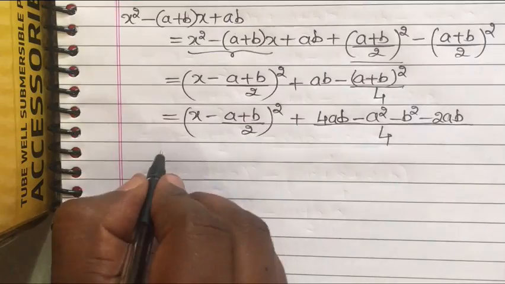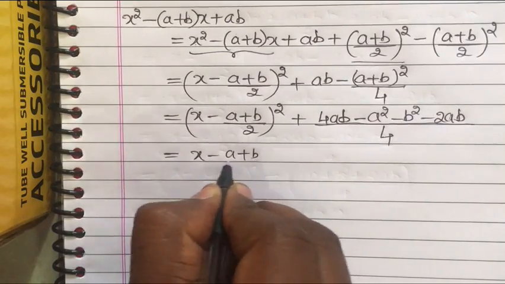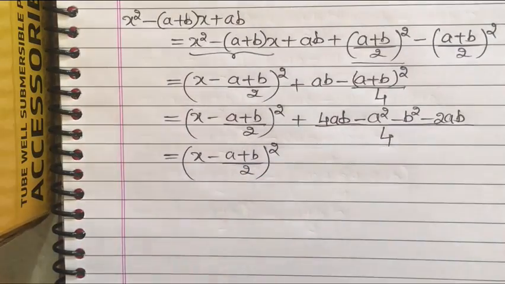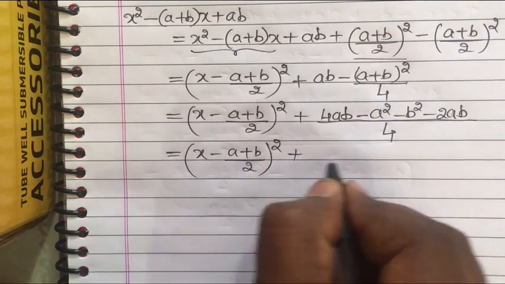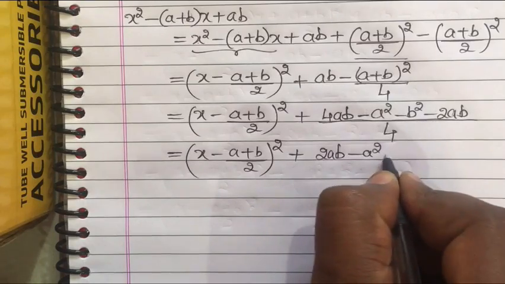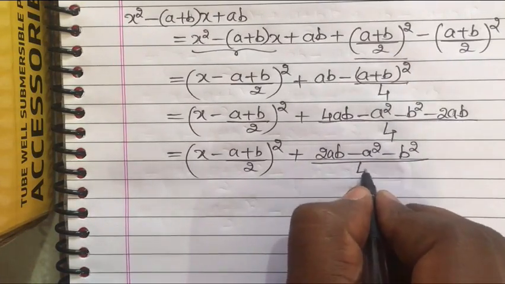In the next step, write the first term as it is, that is (x minus (a plus b) by 2) the whole square as it is. Then here, 4ab minus 2ab will be 2ab, minus a square, then minus b square, divided by 4.